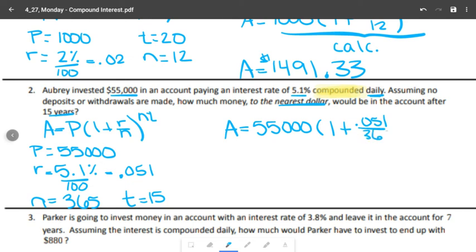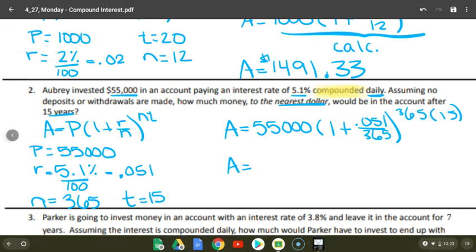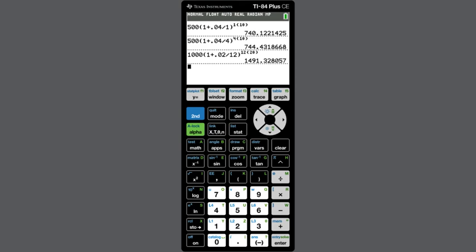Just make sure that you plug it in correctly. And just like before, once you have it all plugged in, you can type it straight into your calculator.